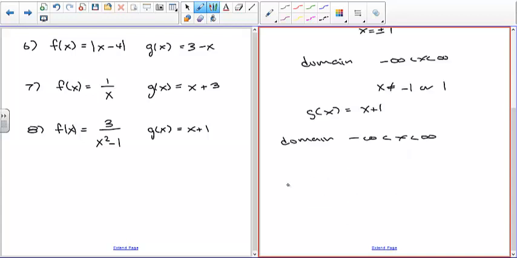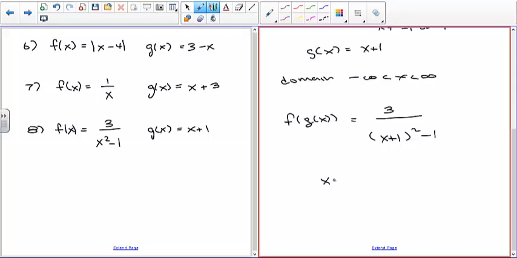Now, f of g of x. So f of x is 3 over something squared minus 1. And that something is x plus 1. So what we have to see is x plus 1 squared minus 1 equal to 0, because that's where the denominator cannot equal 0.